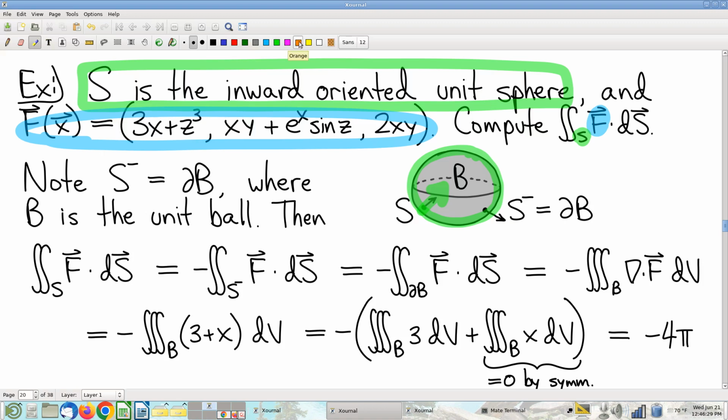Parameterizing the sphere means that X is going to be a bunch of nasty trig, and so is Y, and so is Z. Maybe not quite as much, but still trig. So doing that would turn this into a pretty brutal integral. If we were to do the whole parameterize and pull back thing, oh my gosh, it'd be a nightmare. Okay, so let's not do that.